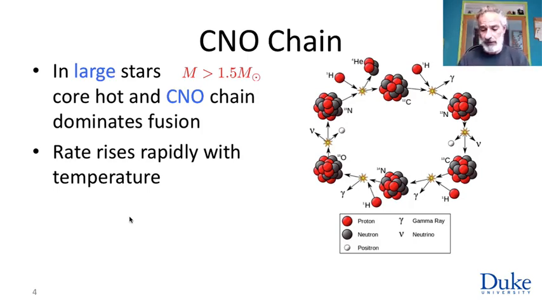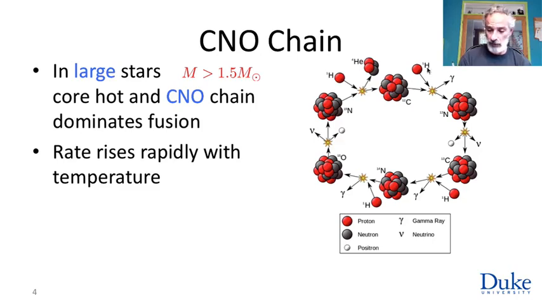This is a process in which the steps are many and detailed, and we don't need to go into them, and you can read up on them. But basically, the presence of carbon in the core catalyzes fusion in the sense that carbon fuses with hydrogen to produce nitrogen, which decays to leave a different isotope of carbon, which fuses again to produce another isotope of nitrogen, which fuses with another hydrogen atom producing oxygen, which decays to an isotope of nitrogen, which fuses with yet another proton, emits an alpha particle, and returns us to the original carbon atom.